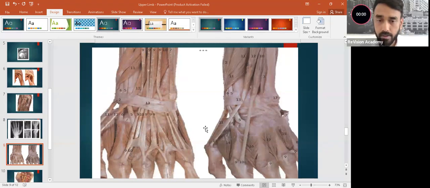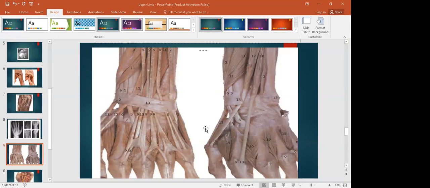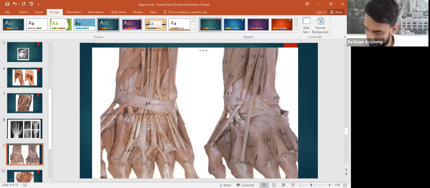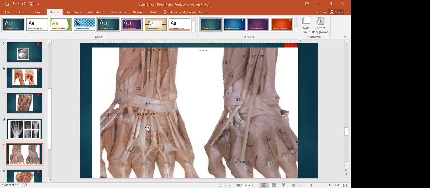So your time is finished, but I will continue to ask you a few more questions. Is that okay? Yes, sure. And number 10? Number 10 is extensor digitorum.